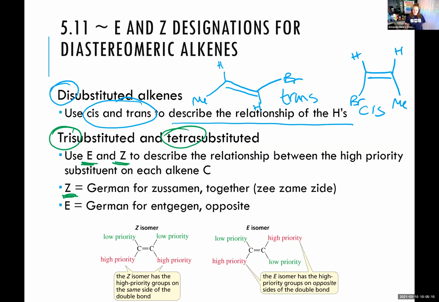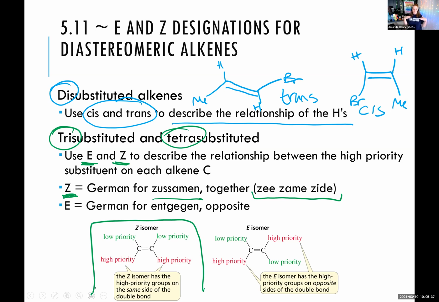Z, these are both German terms. Z is Zusammen. And so the way that I was taught to remember it is, "Zis" same side. So that tells me that the two things that are the highest priority are on the same side of the double bond. So that's what this little guy down here is telling us.